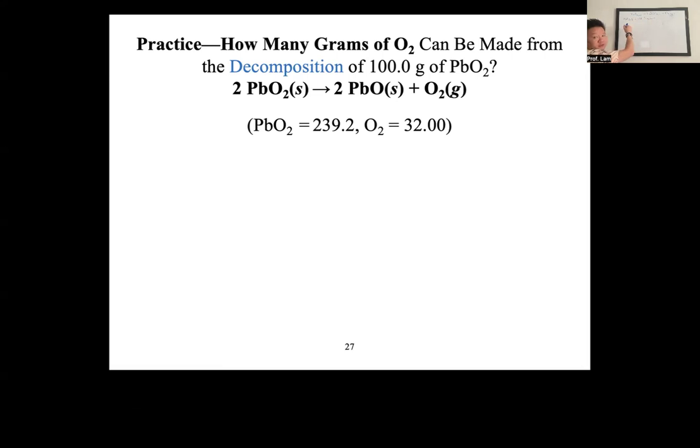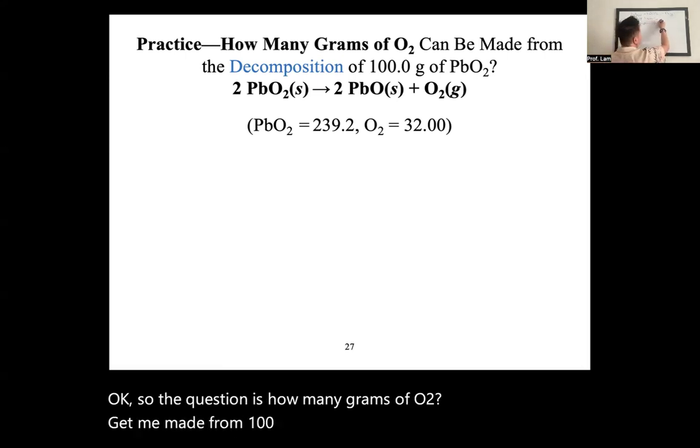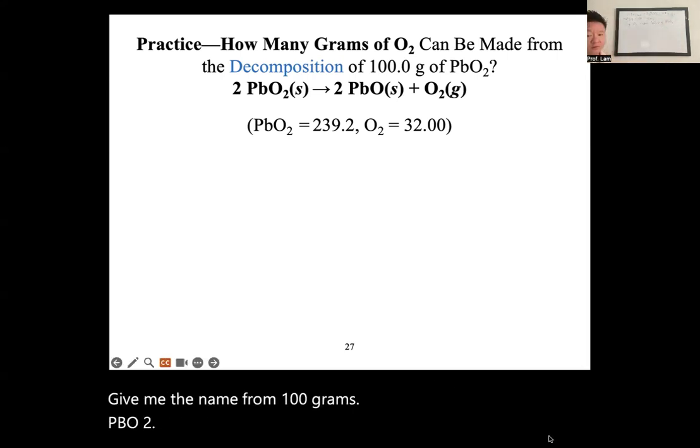So the question is, how many grams of O2 can be made from 100 grams of PbO2?